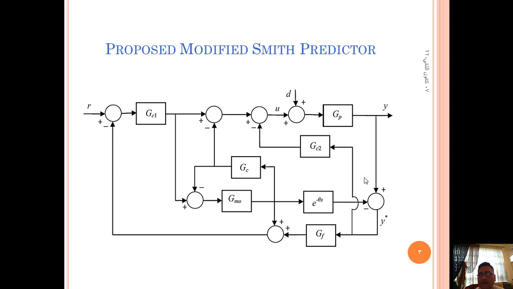Simulation studies will show that the proposed method results in satisfactory performance and improved robustness as compared to the recently reported control scheme. It is observed that the proposed scheme is able to work in a noisy environment.